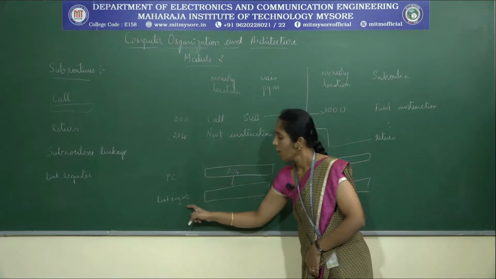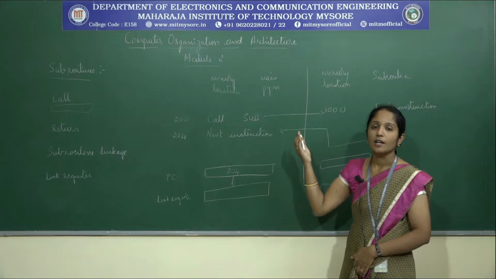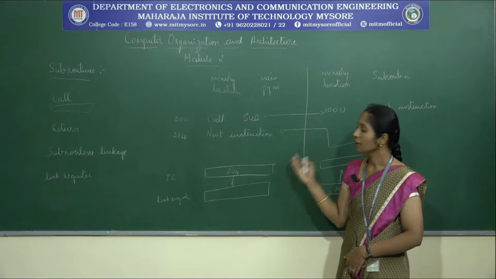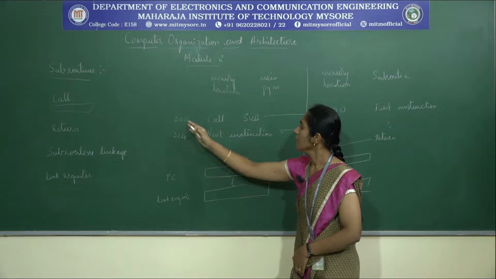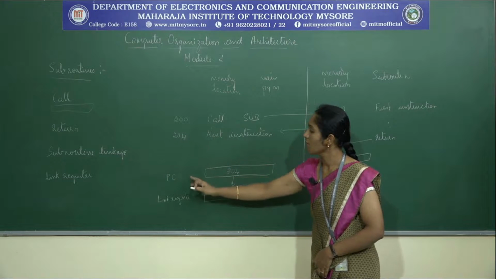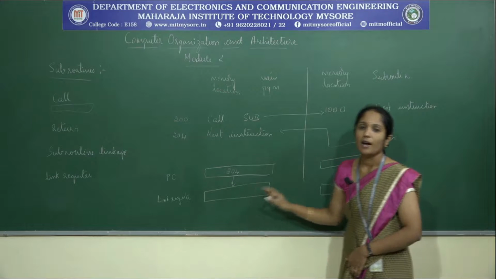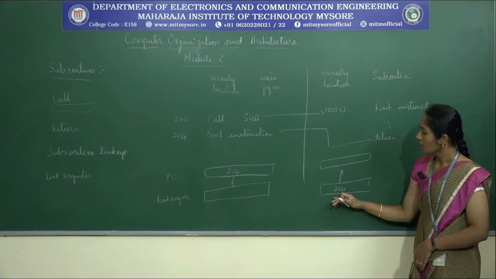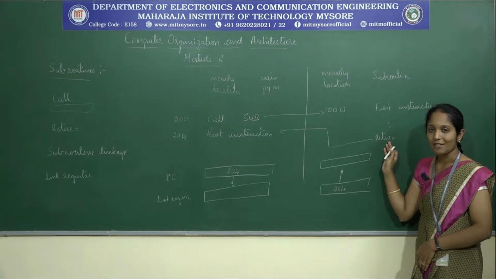Initially the link register will not be having any data, or it might be having some data from a previous subroutine. So when we consider the execution of this call sub instruction, we will be having 204 in the PC, and that will be copied into the link register, and the data of this link register will be stored until we have the execution of the return instruction.